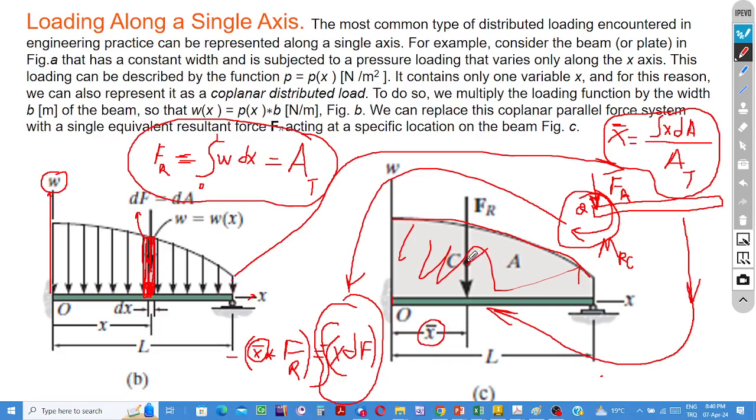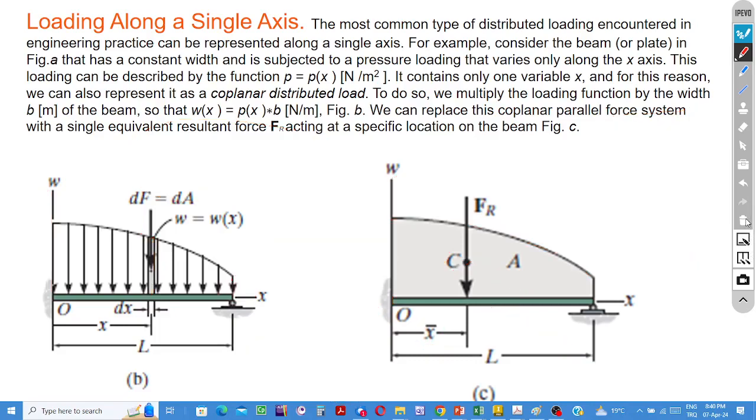If we know the centroid of the area under the load curve, then we also know the location dimension for the line of action of the resultant force. Doing such things, we will then study some examples.